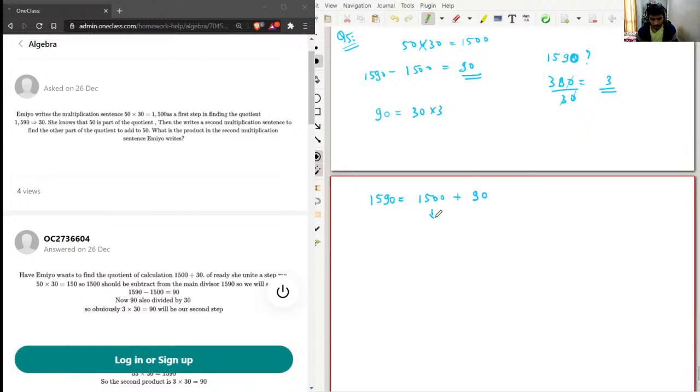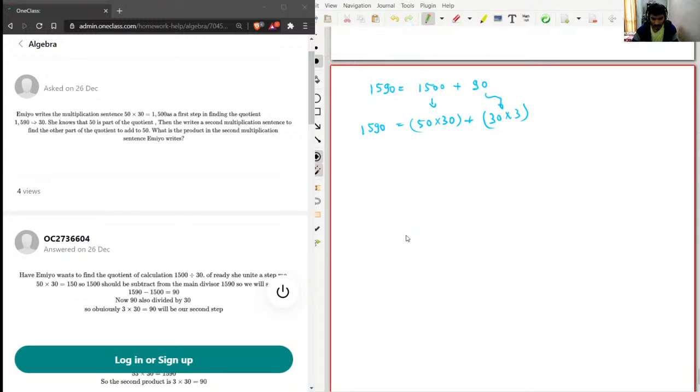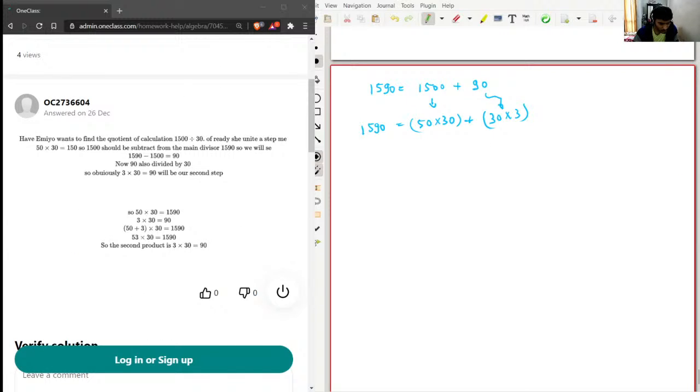Now 1500 can be written as 50 into 30. 90 can be written as 30 into 3. If I just add these two, then it will become 1590. Let's just check the solution also.